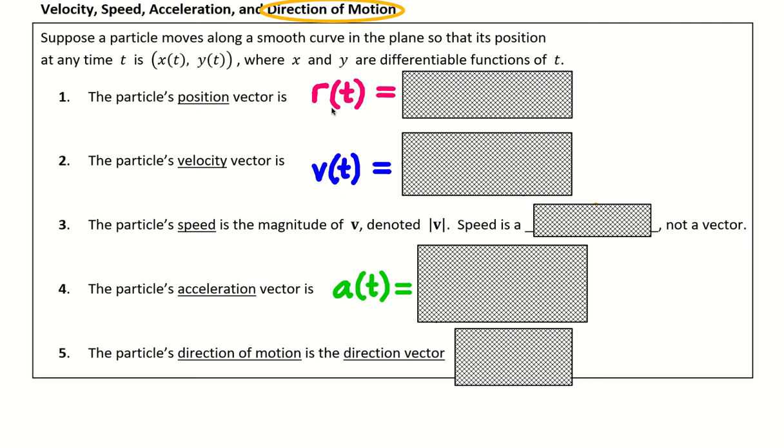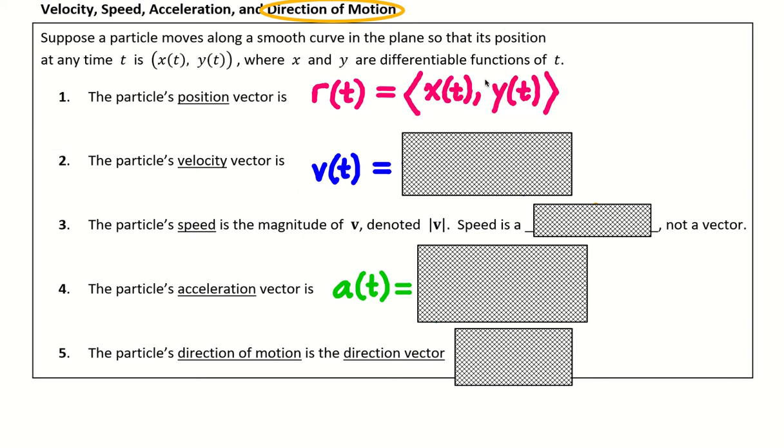So the position vector, r of t, is the position vector. That's cute. But so that's the position vector. All right, that's the position vector.